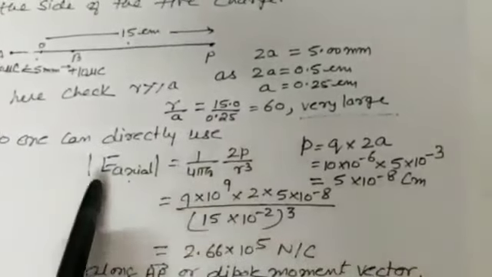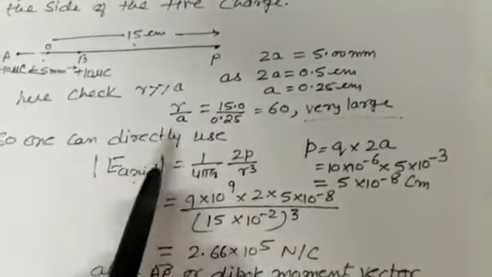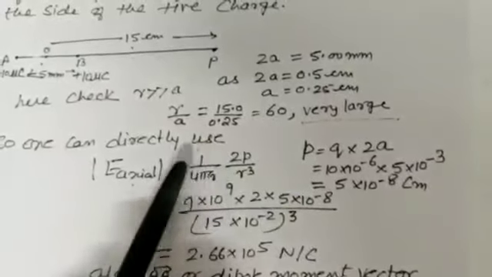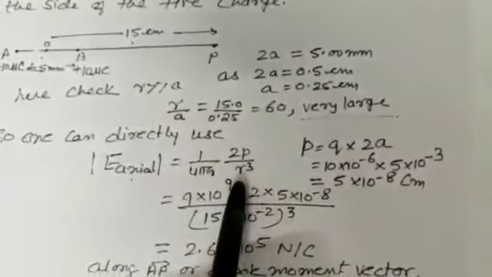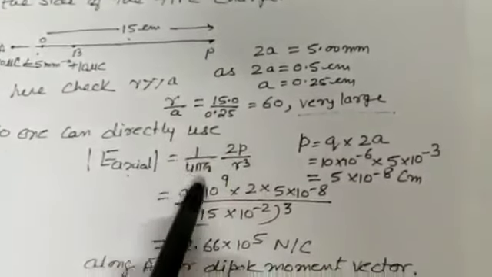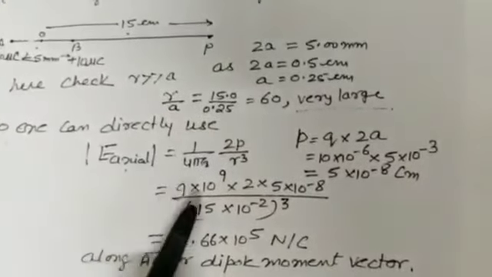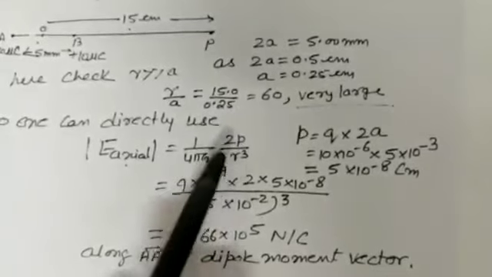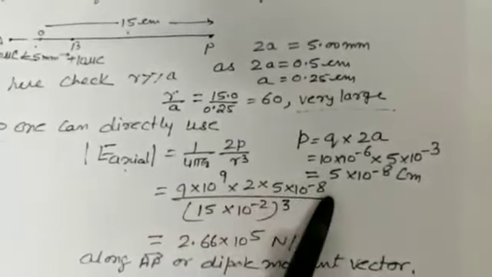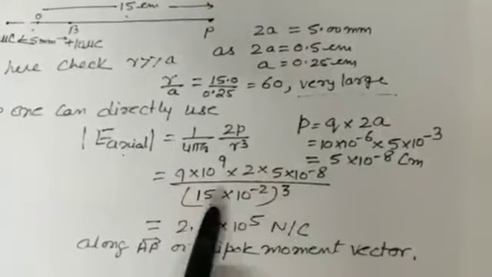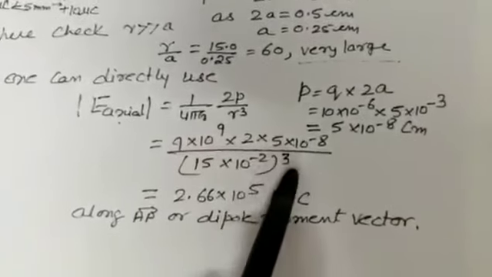Now in the formula of E axial, you have to place the value of 1 by 4 pi epsilon naught, 2p and r cube. So 1 by 4 pi epsilon naught is 9 into 10 to the power 9 multiplied by 2p. You have calculated p as 5 into 10 to the power minus 8, divided by (15 into 10 to the power minus 2) whole cube.